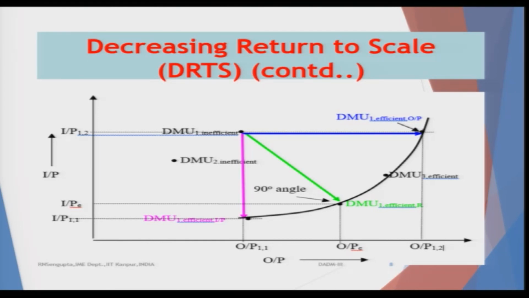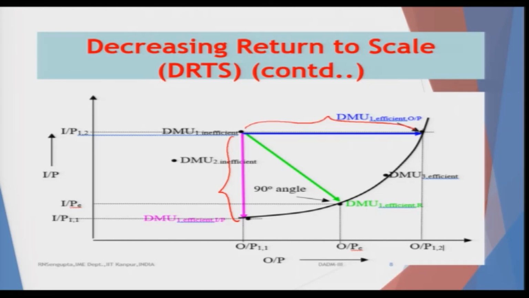So, if you consider the DMU which is inefficient, the black dot in this graph, you can go vertically down, the pink one, and reach the efficient frontier. You reach the efficient frontier in such a way that you maintain the same level of output but decrease your input. If you go horizontally right, you maintain the same input and increase your output.